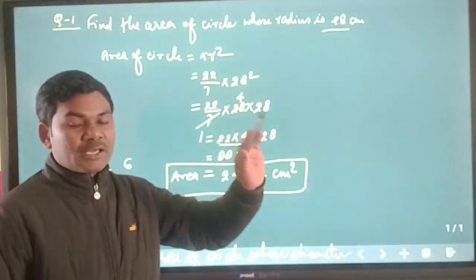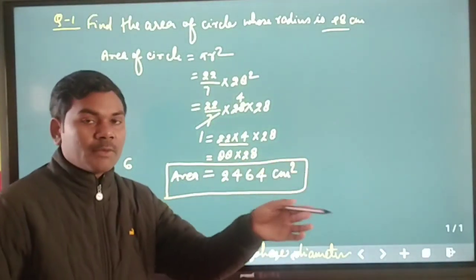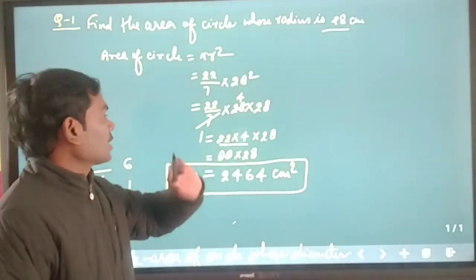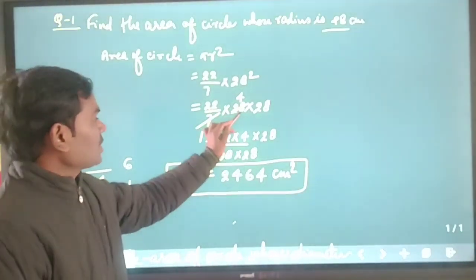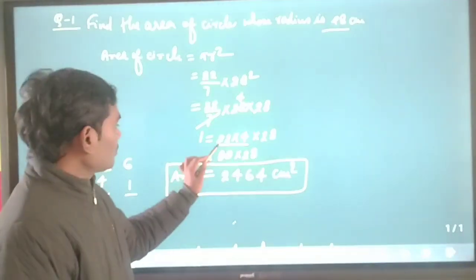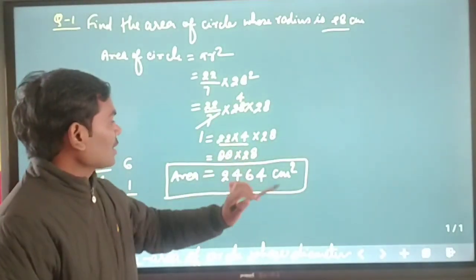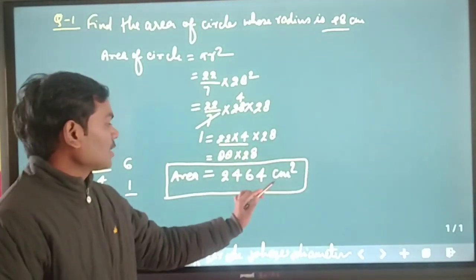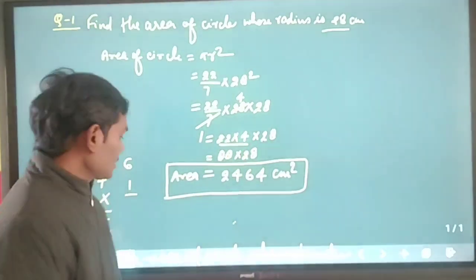Square means a number multiplied two times, so 28 square can be written as 28 into 28. When 28 is divided by 7, we get quotient 4. We write 22 into 4 into 28, and after finding its product, we get 2464. I hope it is clear.